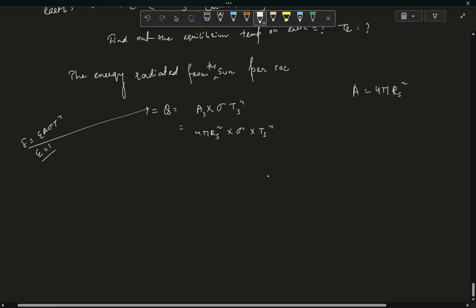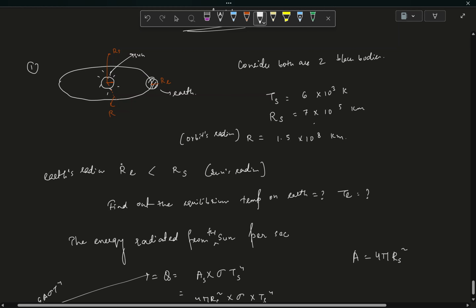So now this energy radiated from the Sun is contained in the whole circular orbit of the Earth around the Sun, right? At a certain moment the Earth is at a certain position in the orbit. You can think of it like this: the Sun is emitting radiation in all possible directions.